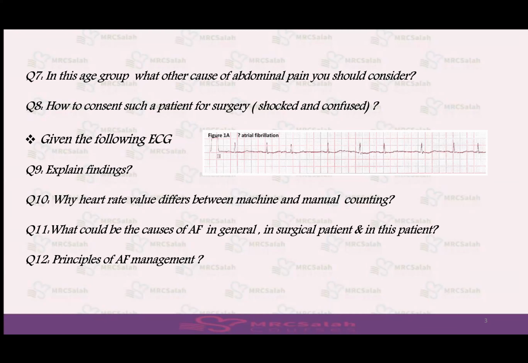Yes, rhythm control, amiodarone. How much is the dose? I will give the bolus dose 300, and then the infusion, 900 milligrams over 24 hours. Yes, the total is 1200.